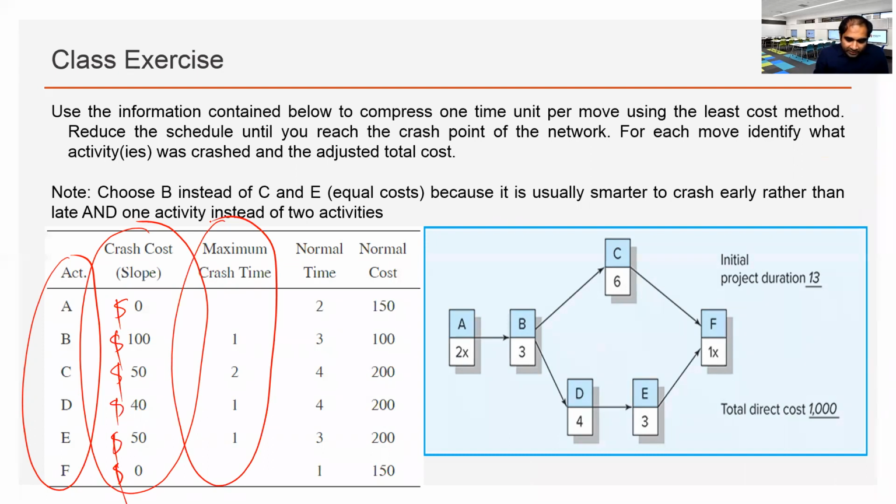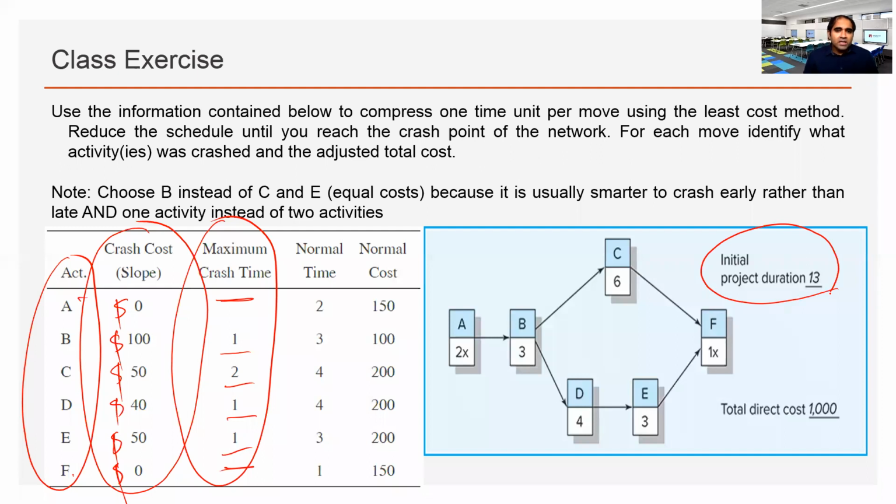So A cannot be crashed, not by single day. F cannot be crashed. We can crash B, C, D, E. Normal time and normal cost is given. Now here, which one we start from? We have a project duration of 13 days.